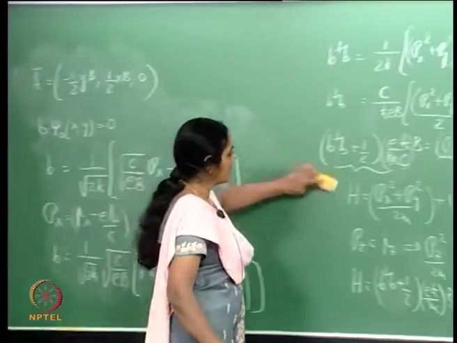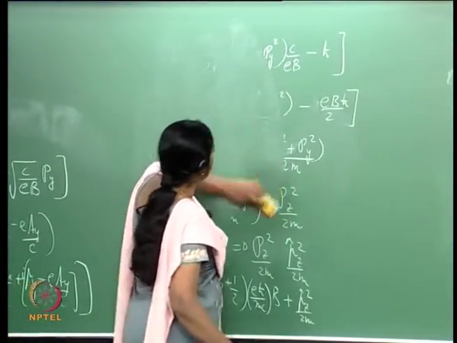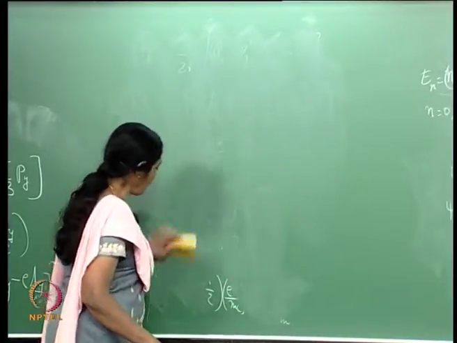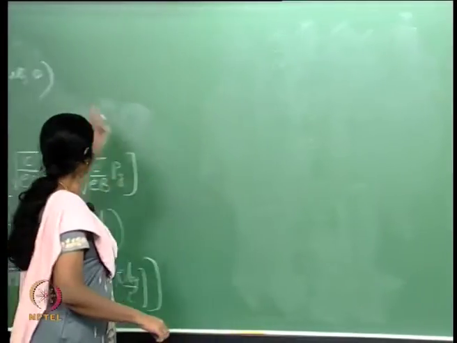Substitute for Px as minus iħ ∂/∂x, similarly for Py, and use the values of Ax and Ay that we have selected.